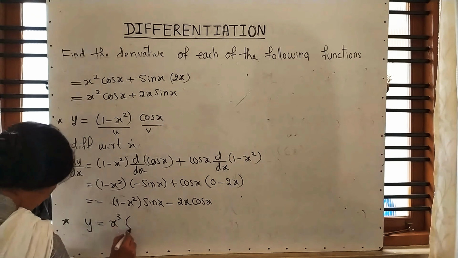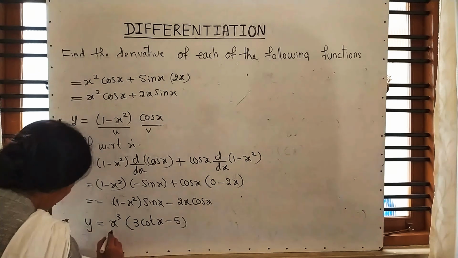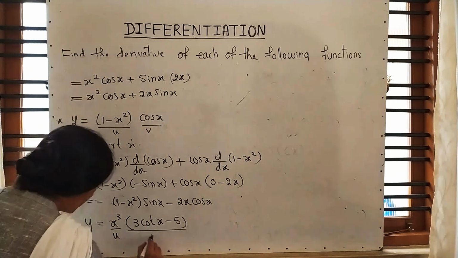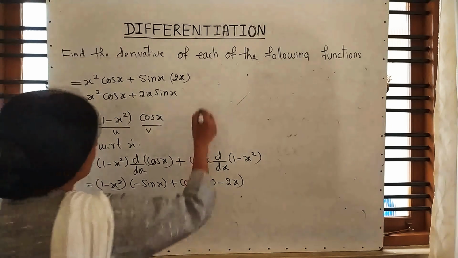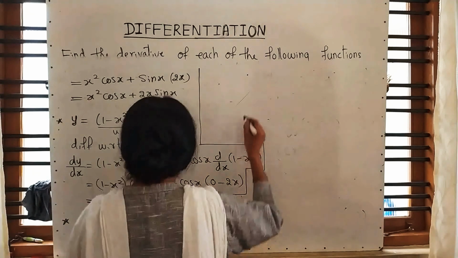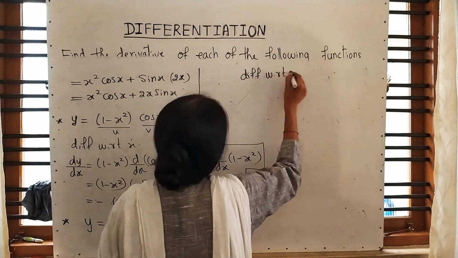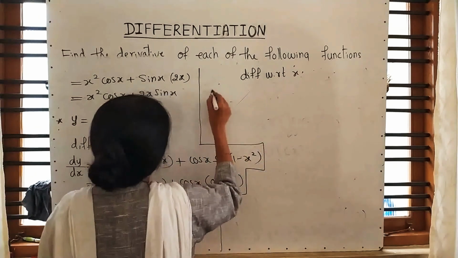X cube in the bracket 3 cot x minus 5. See, this is u, this is v. Differentiating with respect to x.